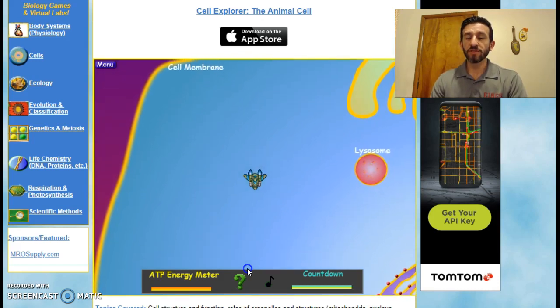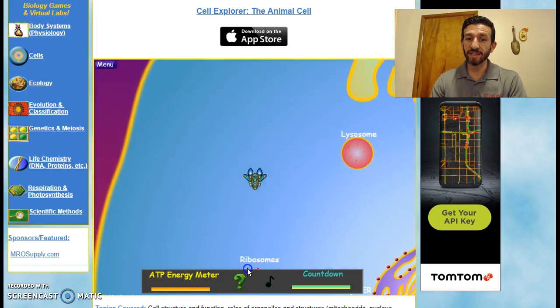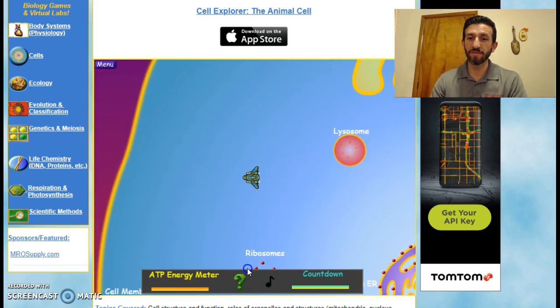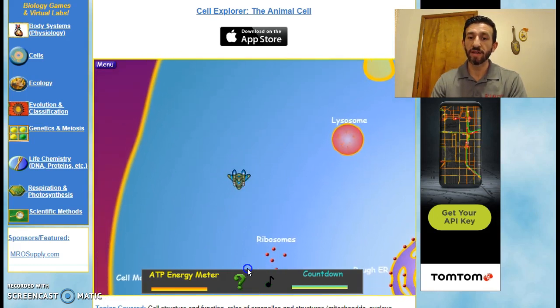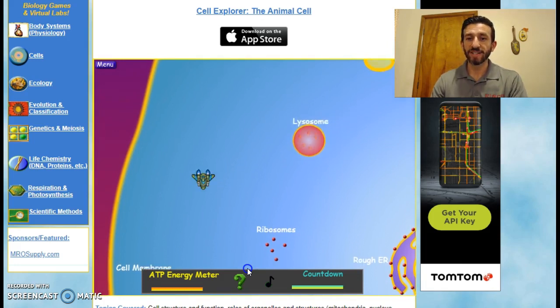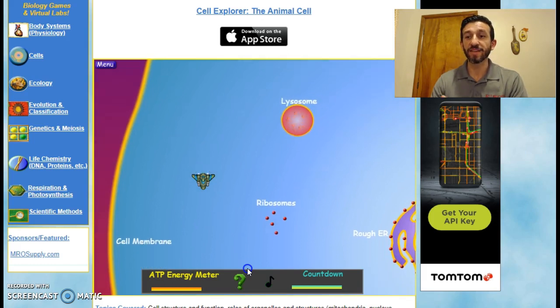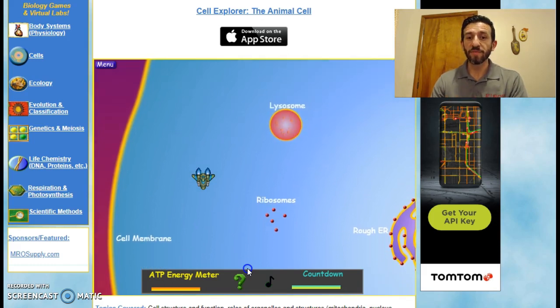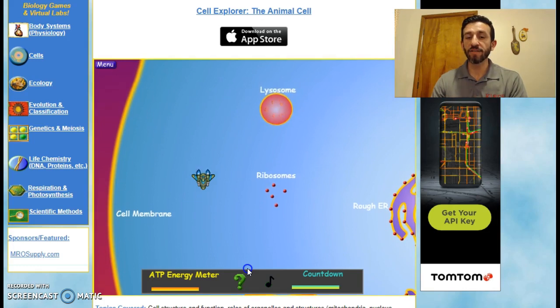Now, two things that my students really learned well in this game were what the lysosome does and why they need ATP. If you notice, the lysosome is following the spaceship right now. And there's some sound that goes along with it too, which makes it more exciting and enhances the experience. But the lysosome is kind of the cleaner of the cell.